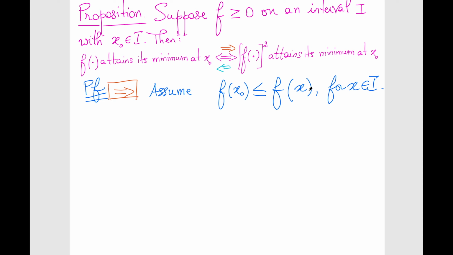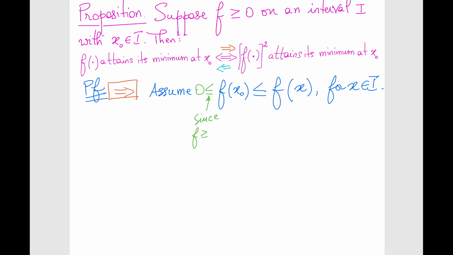This is what it means for f to attain its minimum at x naught. Make sense? So it means f of x naught is the lowest value the function can reach on that interval I. Make sense? All right. And this is a non-negative number, right? This is certainly greater than or equal to 0. Why? By assumption. Since f is non-negative.